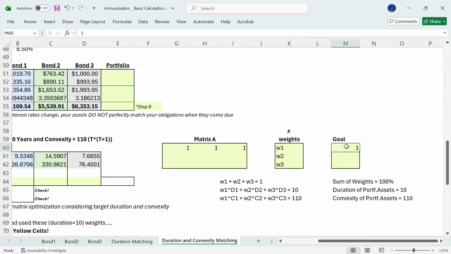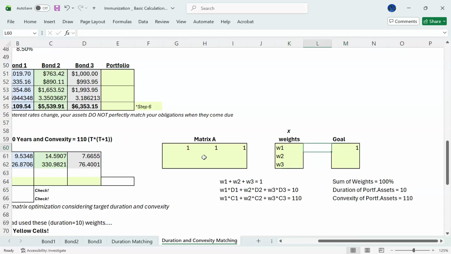This cell is the result of this first row times the single column matrix. So it's going to be 1 times weight 1 plus 1 times weight 2 plus 1 times weight 3. And then the sum of those weights has to be equal to 1.